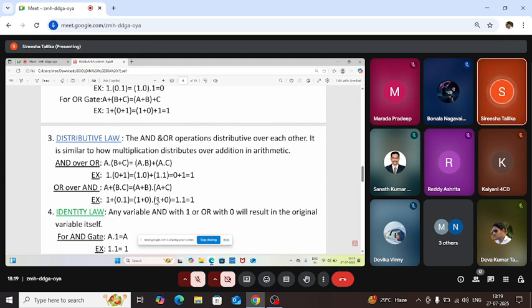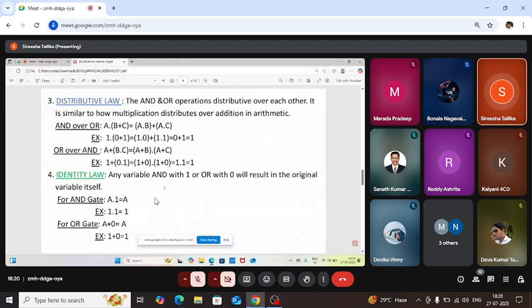So first we use the OR gate and then the AND gate. If you apply a as 1, b as 0, c as 1, the output will be the same. With these values, the output will be 1.